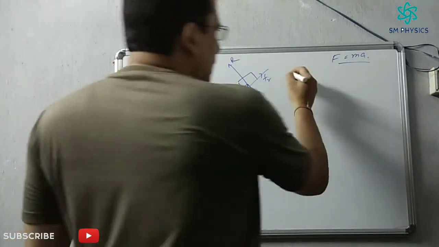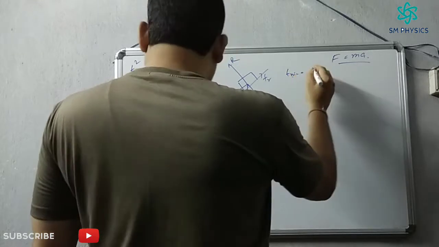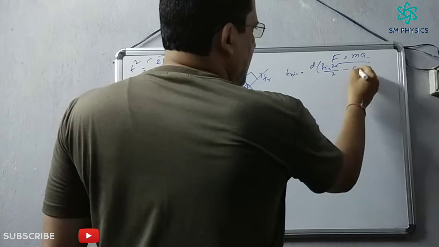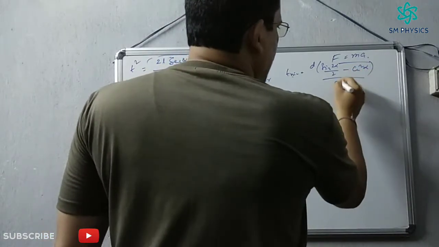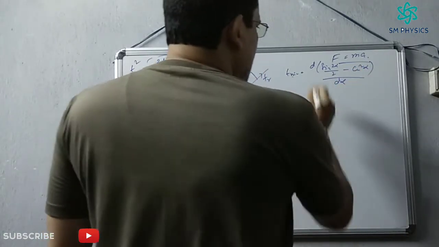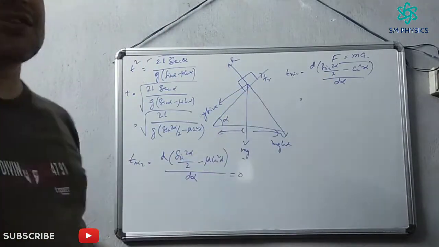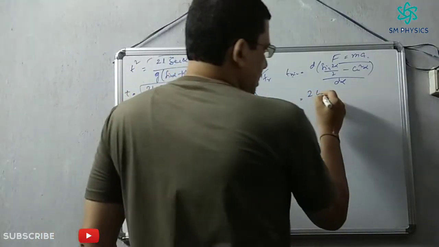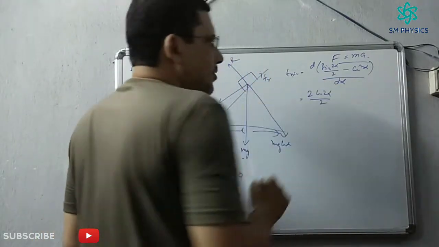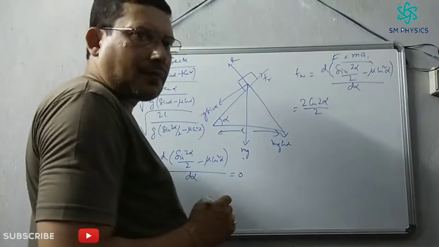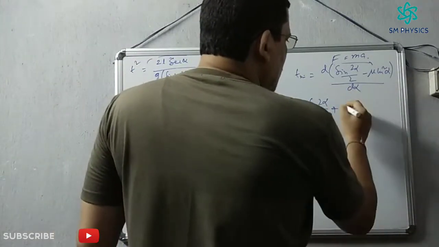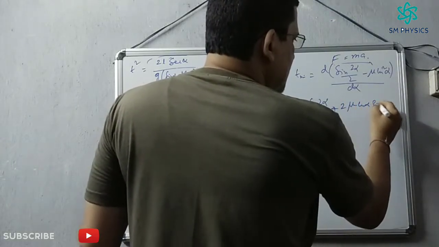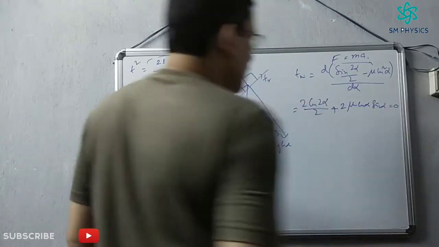Now for t minimum, d of sin 2 alpha by 2 minus mu cos square alpha by d alpha. Differentiating sin 2 alpha by 2 gives 2 cos 2 alpha by 2, plus 2 mu cos alpha sin alpha, equal to 0.